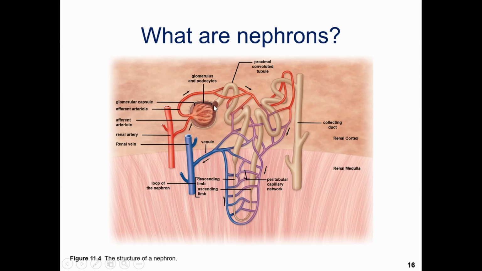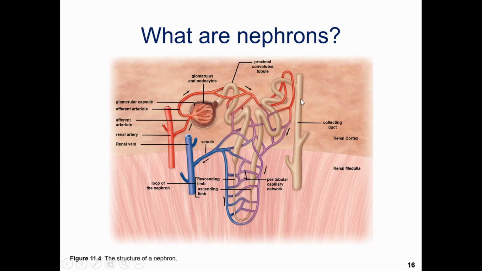Think proximal as in close proximity to the glomerulus, and it's going to make this kind of S-like shape, like a backwards S. We then have the loop of the nephron, or loop of Henle, depending on what resource you're looking at, which is the part of the nephron that dives down and then back up. As we dive back up, we have the distal convoluted tubule, which is this other kind of twisty part, and it's in the distance. That might help you remember that.